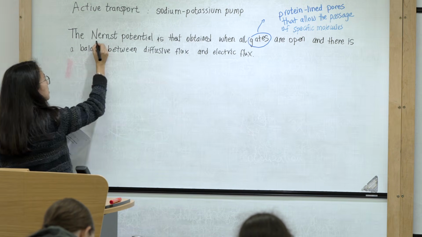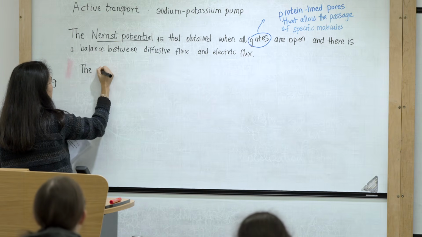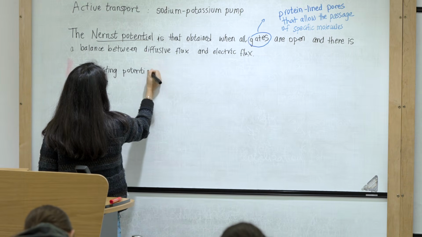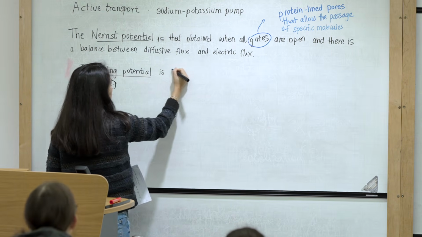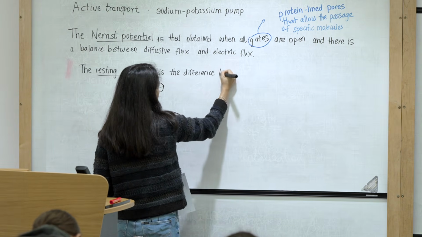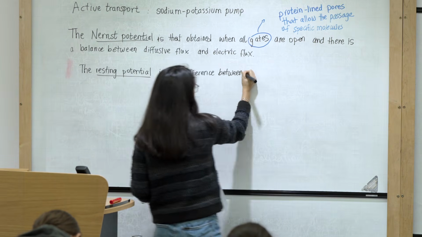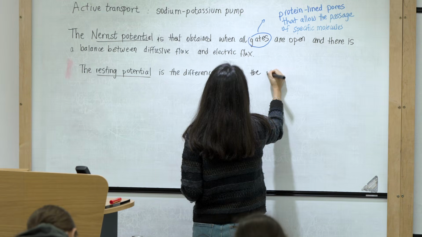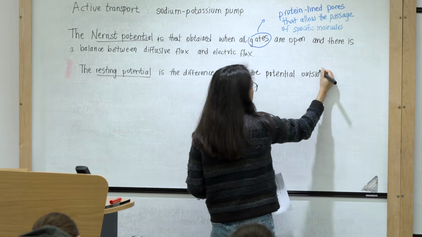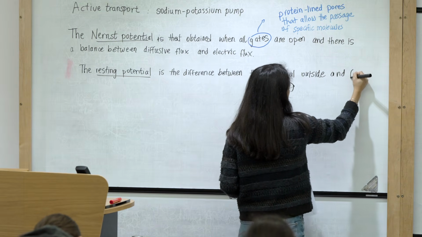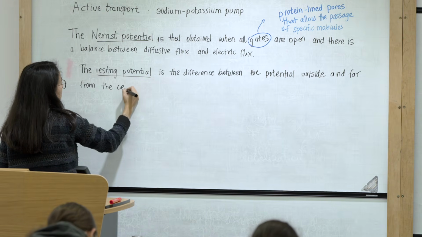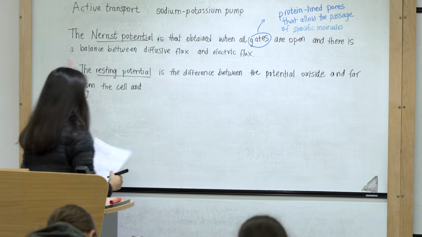All right, so apart from this Nernst potential, we should also define what is known as the resting potential. So this is a bit different, and it's the difference now between the potential outside and far from the membrane of the cell, and that potential inside the cell.